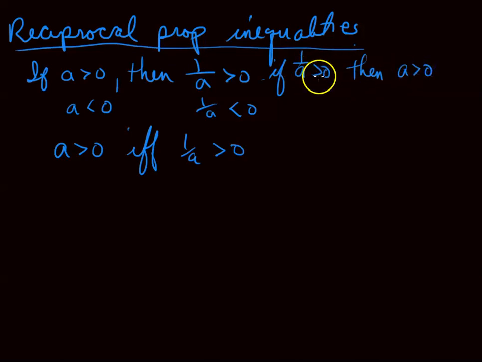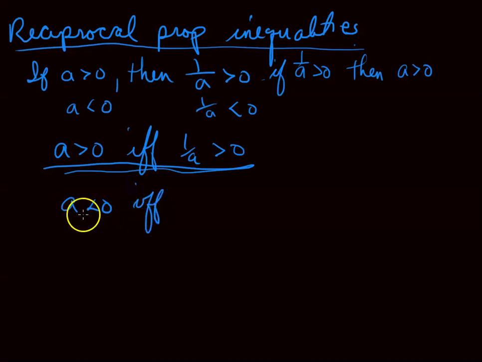Doesn't matter which one you put here. So you can write this as an if and only if statement. A is less than 0 if and only if 1 over A is less than 0. The whole thing to notice is nothing changes the direction of the inequality unless you multiply or divide by a negative.